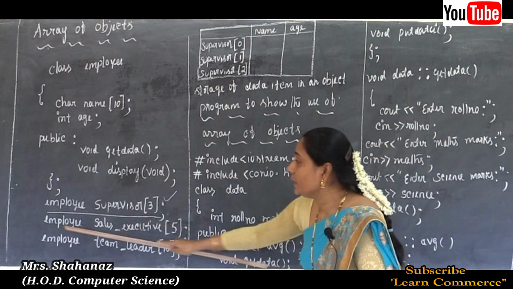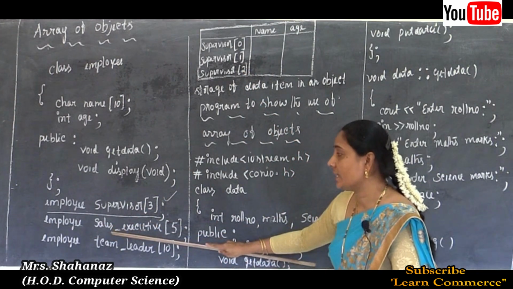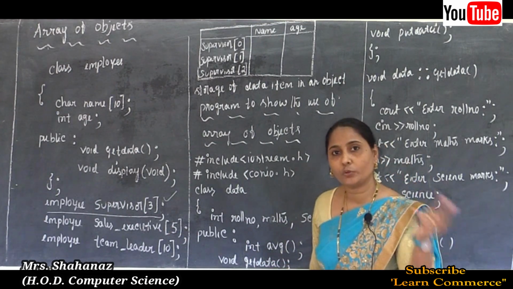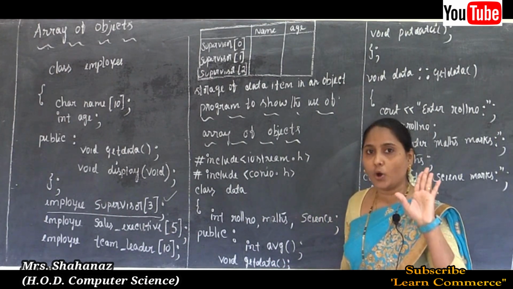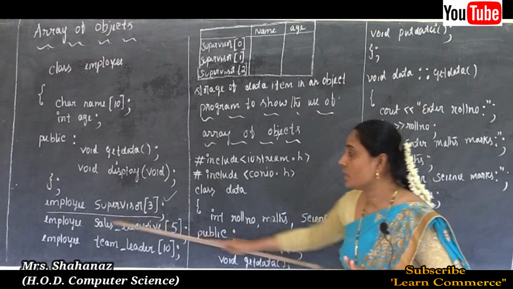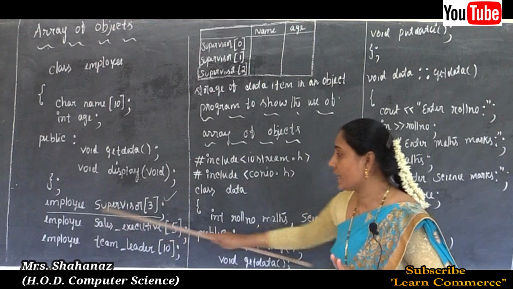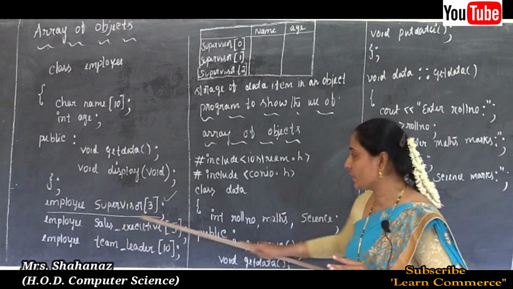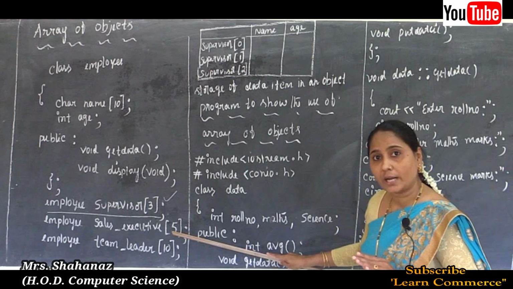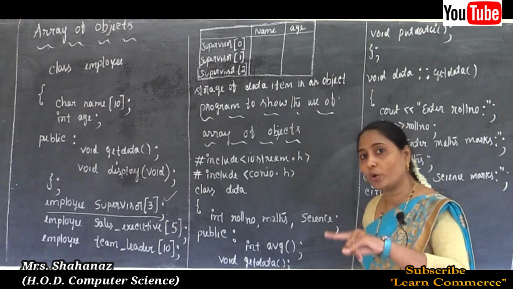The array sales executive contains 5 objects totally, from 0 to 4: sales executive 0, 1, 2, 3, and 4. That means it starts from the value 0 to 4.